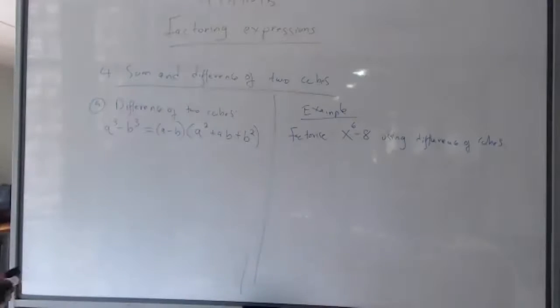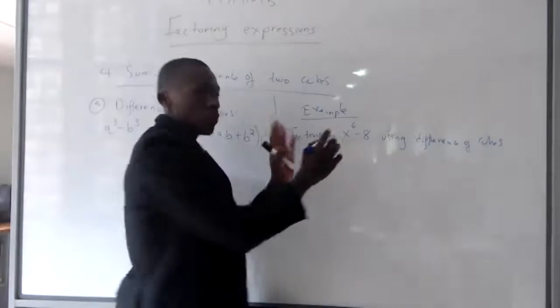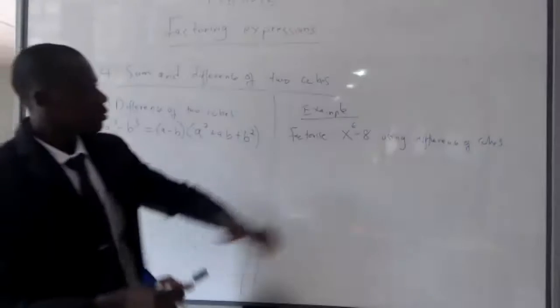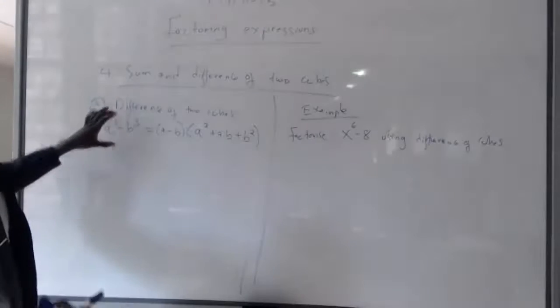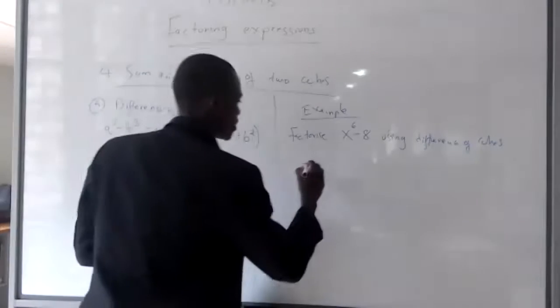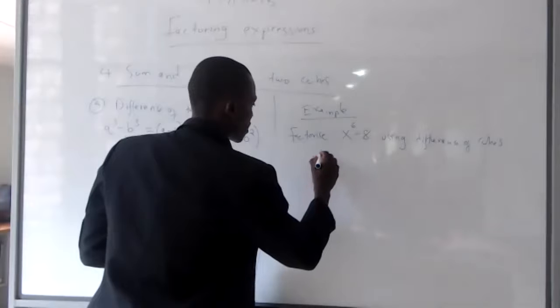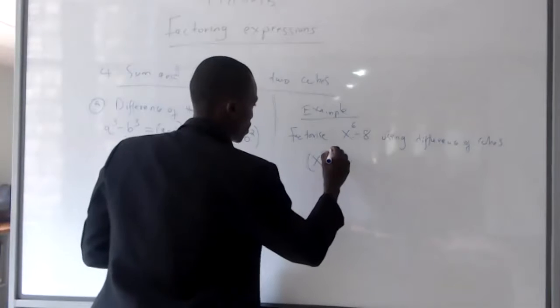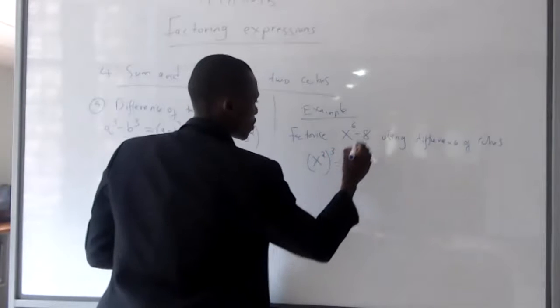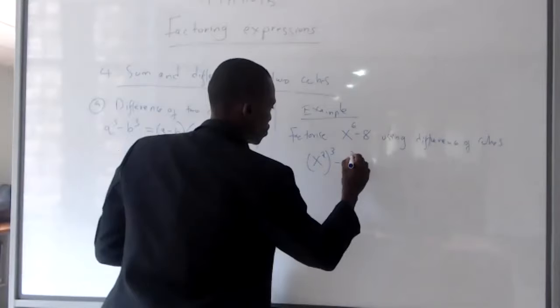Okay, so the first step, as we are doing with difference of squares, make sure this is in the same form. It's a difference of cubes. So you can write x power 6 as x squared cubed minus, you can write 8 as 2 cubed.